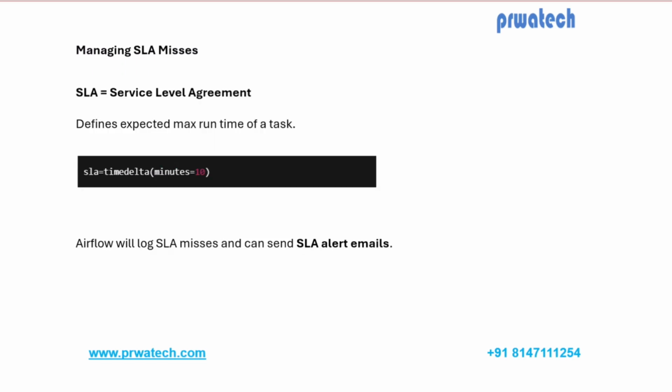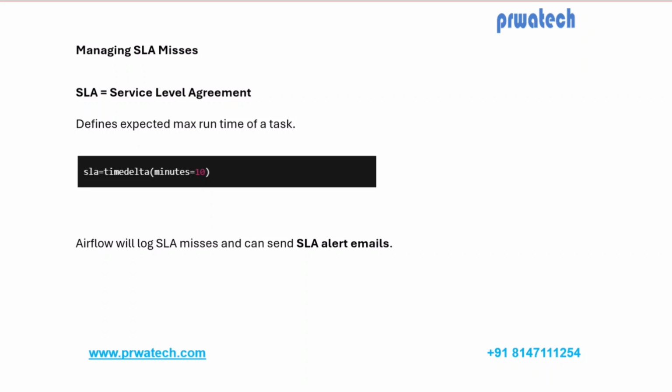Next, we have SLA misses. In SLA, you can define how long a task is allowed to run. Airflow logs and optionally alerts if exceeded. You can send email alerts for SLA breaches. It is important because some tasks must finish before reports are generated.